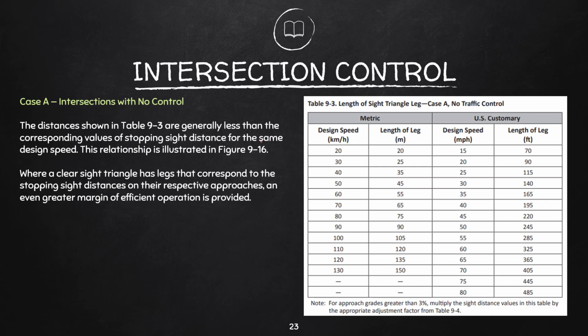Where a clear sight triangle has legs that correspond to the stopping sight distances on the respective approaches, an even greater margin of efficient operation is provided.